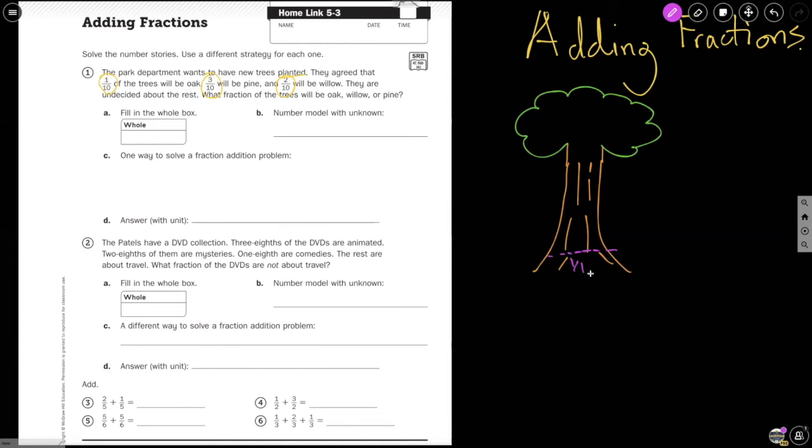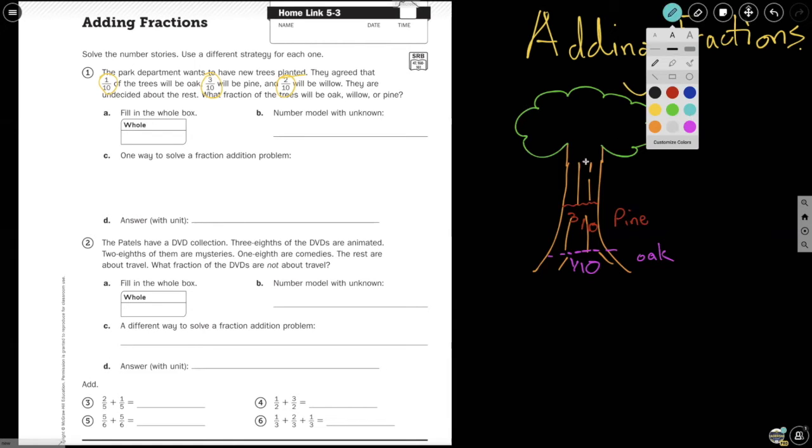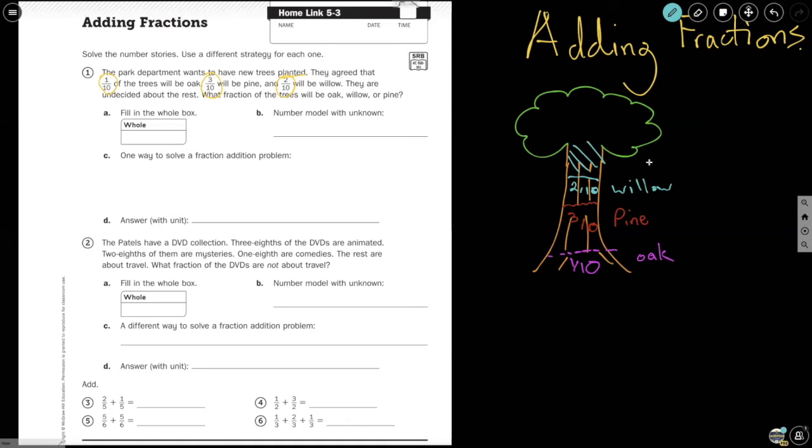So 1/10 of that is oak, 3/10 of that is pine, 2/10 is willow. And then the rest, the other part, we just don't know.